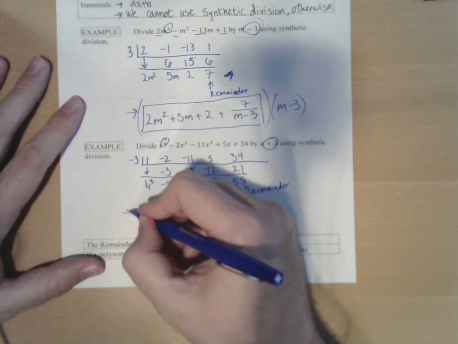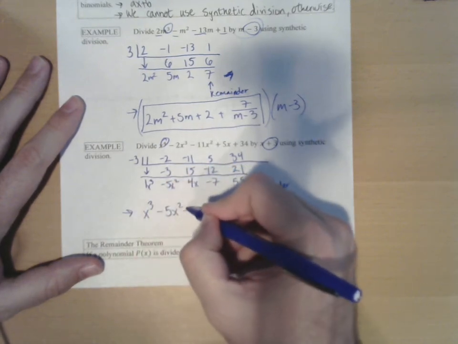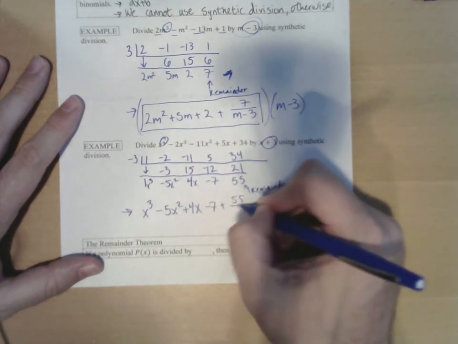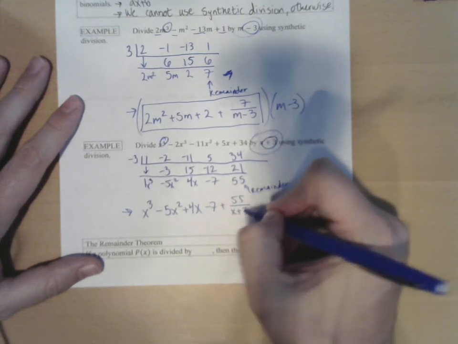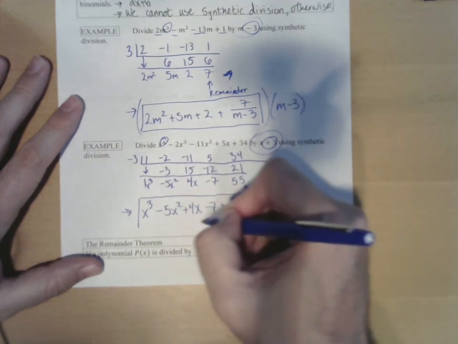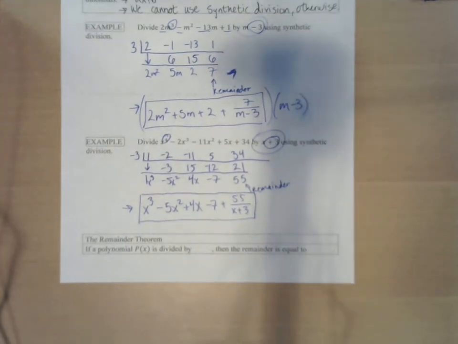So that means our answer will be x cubed minus 5x squared plus 4x minus 7 plus 55 over x plus 3, which was our divisor originally. So again, nothing about this looks like division, and it's not. That's why we call it synthetic division. It is synthetic, not a natural division.